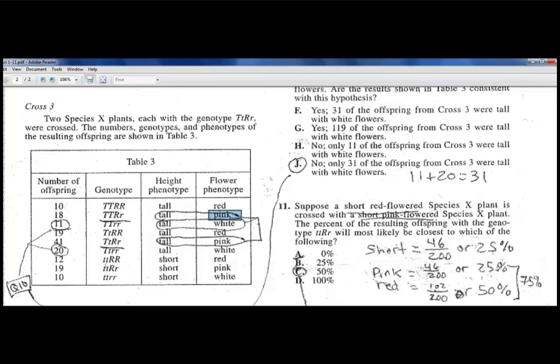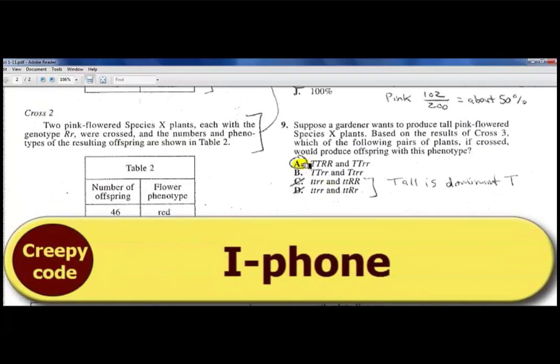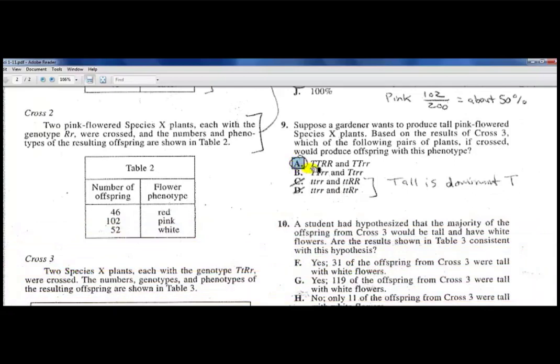If you look up at the answer choice and see what we did here, when you cross these two here, capital T is dominant trait, which will produce tall. Now, we need to combine to get capital R and small r.